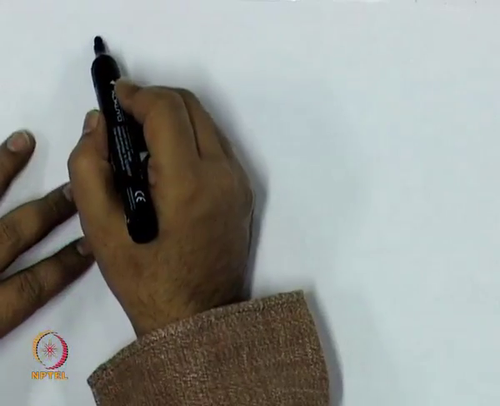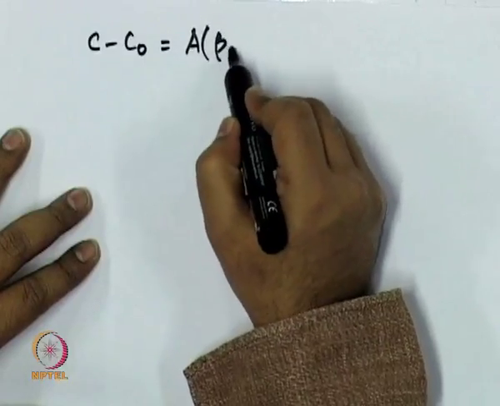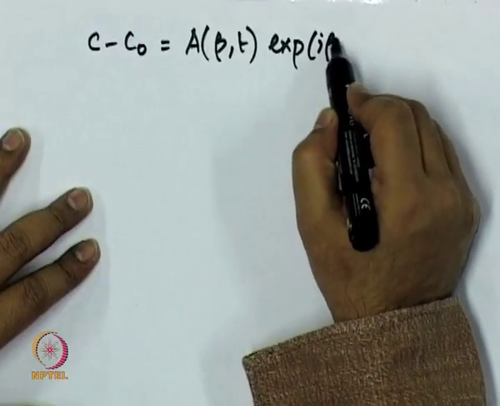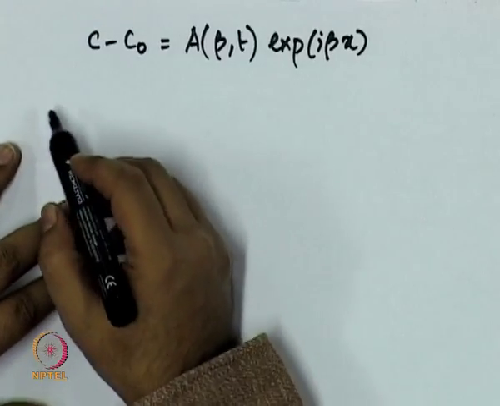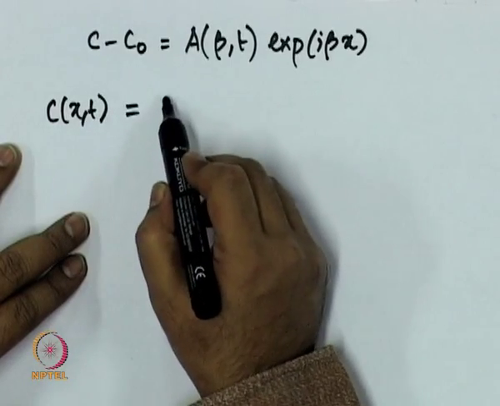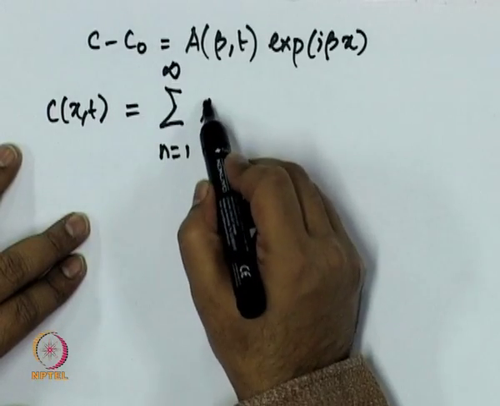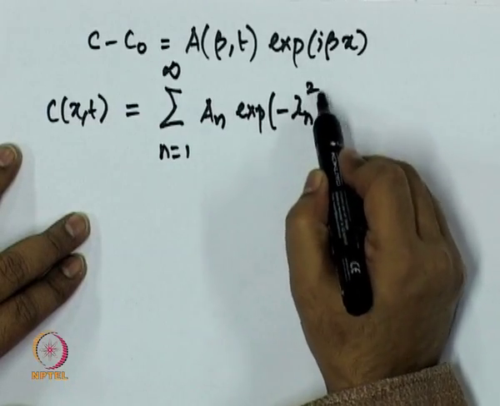We wrote that C minus C naught is equal to some a of beta comma t exponential i beta x. Okay. Now, compare this with the solution that we are getting. We are saying that C of x comma t is equal to summation n equal to 1 to infinity a n exponential minus lambda n squared t.